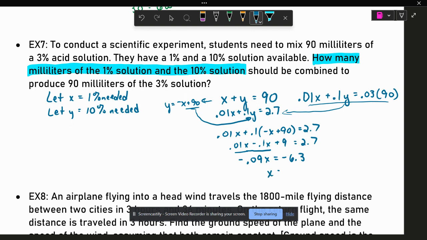Divide those, and because of the way that the decimal moves, I'll end up with 70. So I'll need 70 milliliters of the 1% solution. And if there's 90 total milliliters, I'll need 20 milliliters of the 10% solution to make my 3% mix.